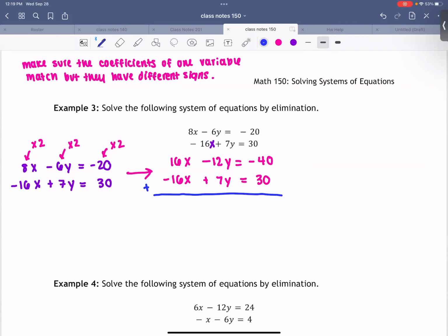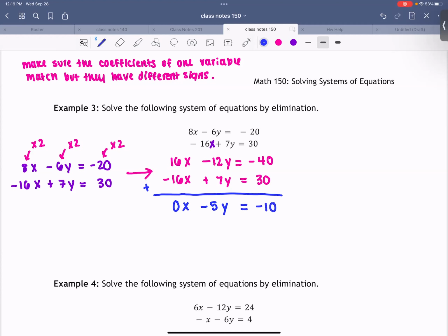Which means I'm going to add the coefficients of all the different variables. What's 16 plus negative 16? 0. So I have 0x. What's negative 12 plus 7? Negative 5. Good. And what's negative 40 plus 30?